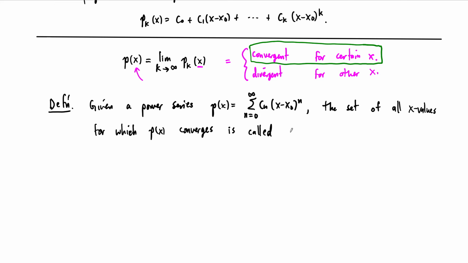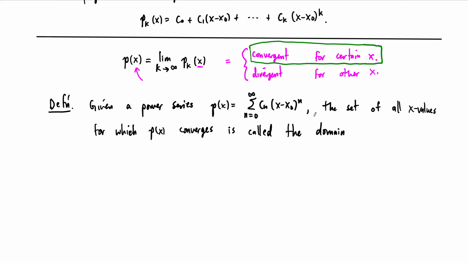In the function theoretical sense, the domain is the set of all values for which when you plug the value in, you get an answer back. It's the same exact idea, except getting an answer back means that the series must converge. If the series doesn't converge, we don't get an answer back. We can't make sense of that.